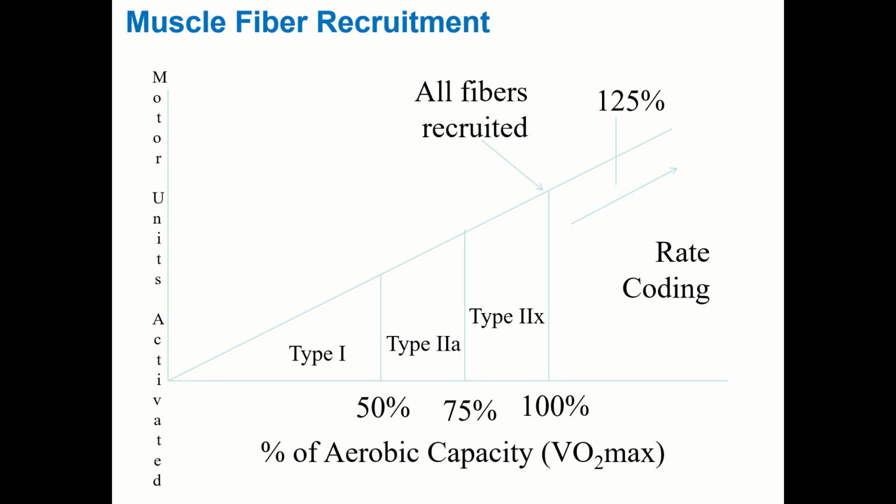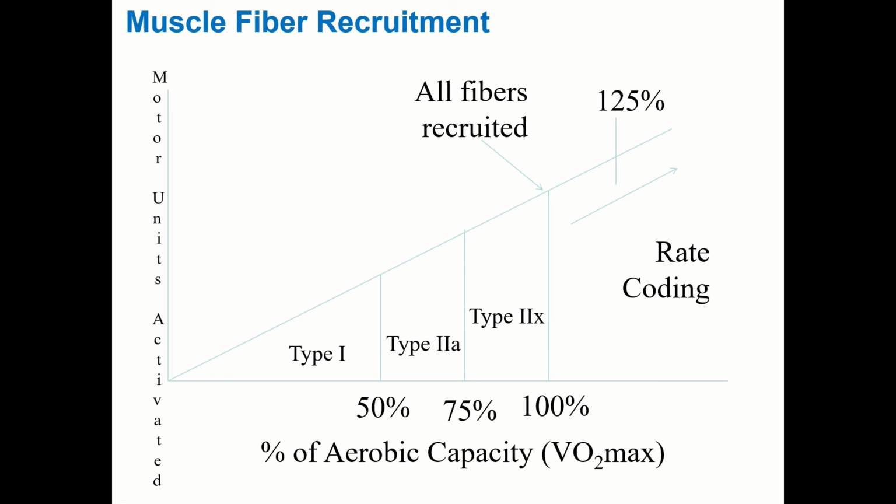Very similar kind of schematic if we talk about strength training. So we're going to ignore, again, above 100%. So we'll pretend here 100% is your 1 rep max, 75% somewhere around your 6 rep max, and this is probably more like your 12 rep max. Okay? So if I go to the weight room all the time and I'm doing sets of 12, then all I'm using, or almost all I'm using, are type 1 fibers.